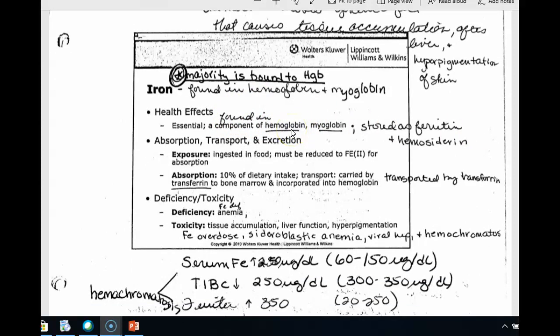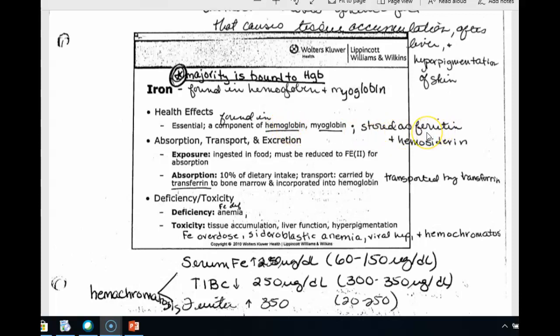Again, it is found in hemoglobin. It is an essential part because this iron binds to hemoglobin, and this is what actually binds to the oxygen. If you think back to general chemistry, probably even in high school, oxygen has a -2 charge. The ferrous form has a +2 charge, so it pairs perfectly together.